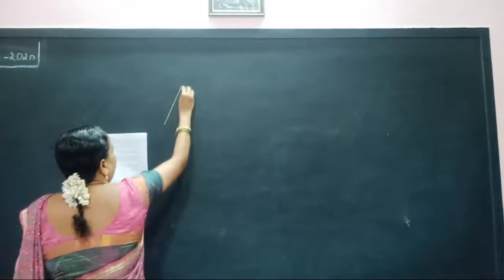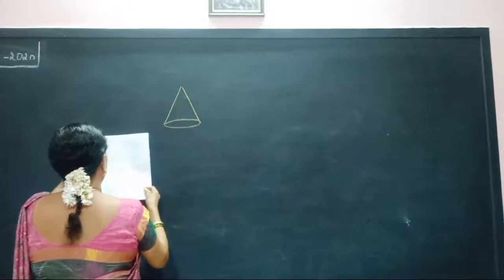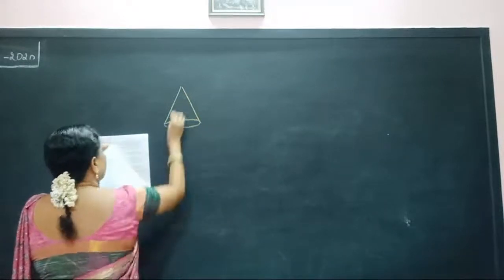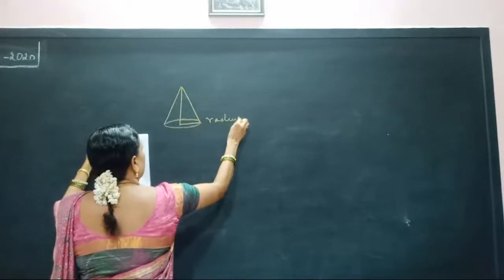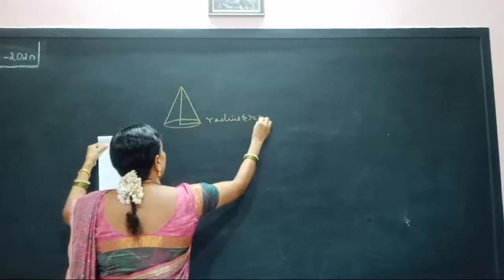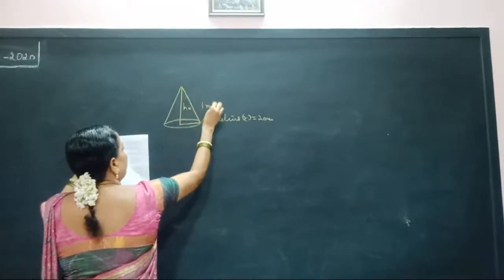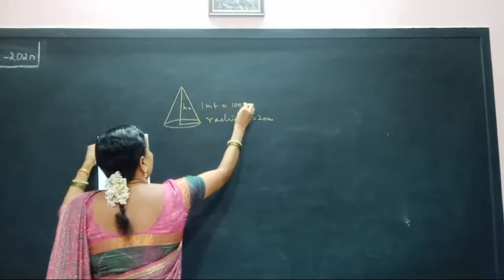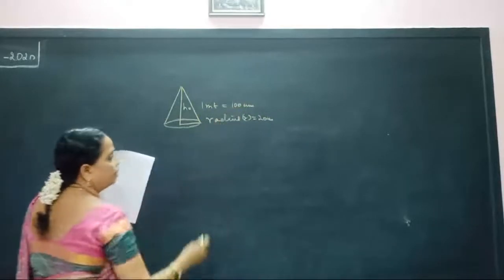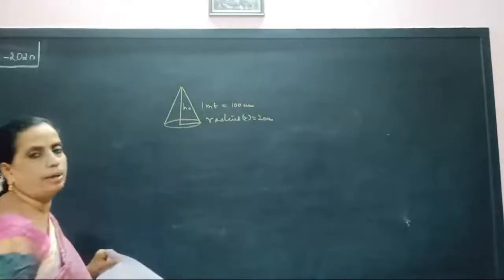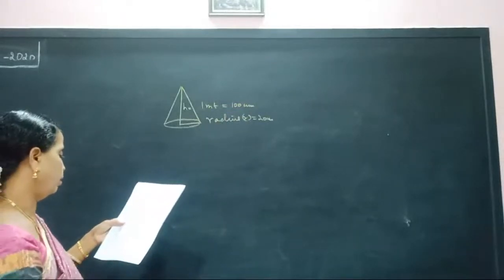The barricade is conical in shape. Each one has a base diameter, so I will take it as radius 20 centimeter and height 1 meter. 1 meter can be taken as 100 centimeter. Or you can take this as 1 meter, this should be 0.2 meter. That also okay. We'll check it whether it satisfies or not.